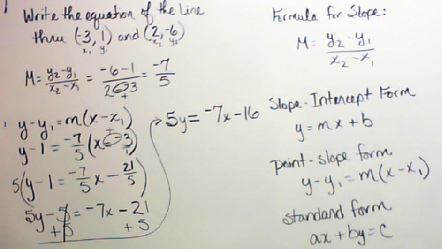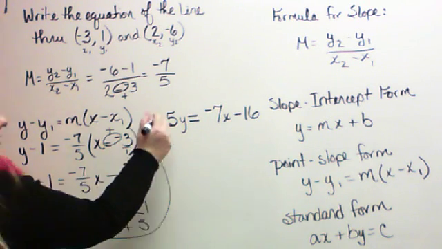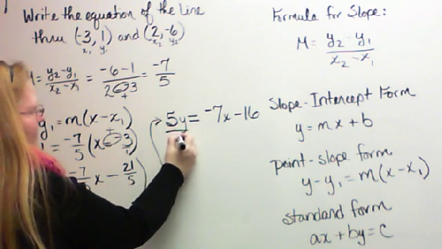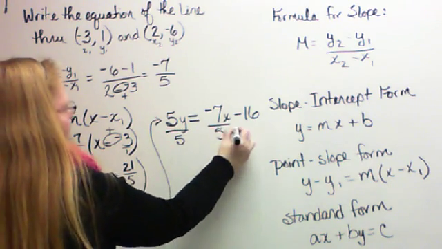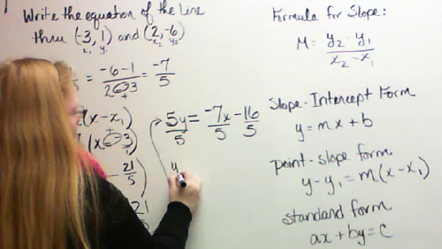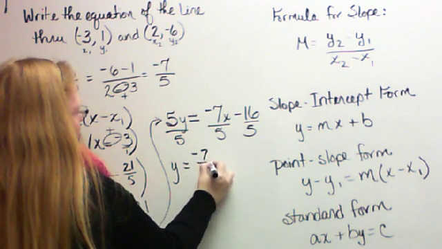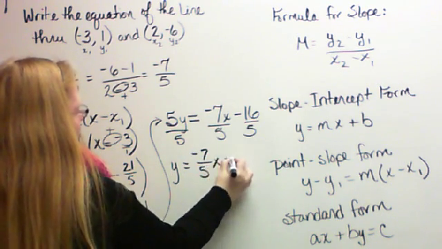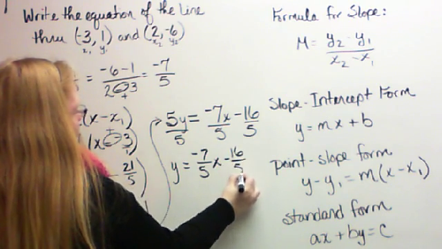Now that I have 5y equals negative 7x minus 16, I need to get the y by itself still, so I'll divide everything by 5 again. So y equals negative 7 over 5x minus 16 over 5.